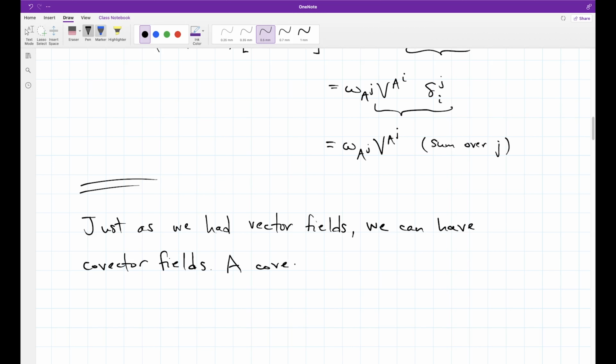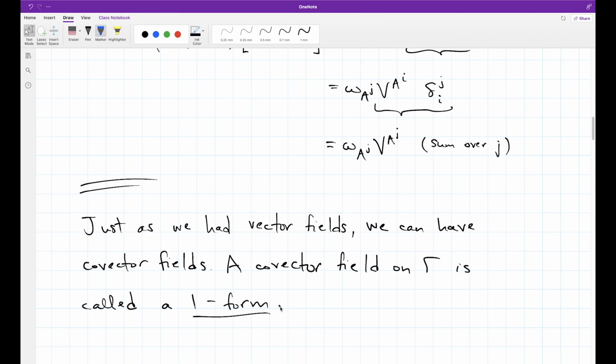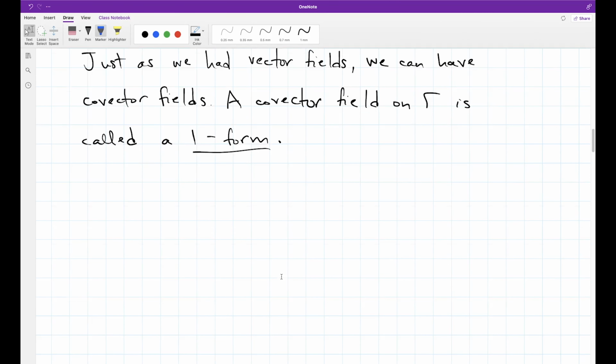A covector field on gamma is called a one form. And one forms will be extremely important to us as we continue our study here.